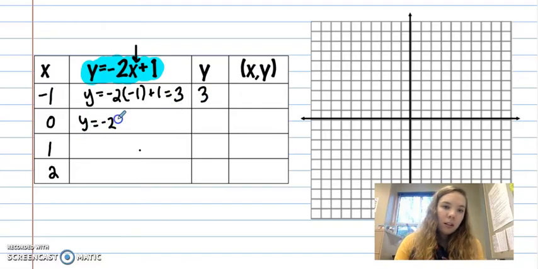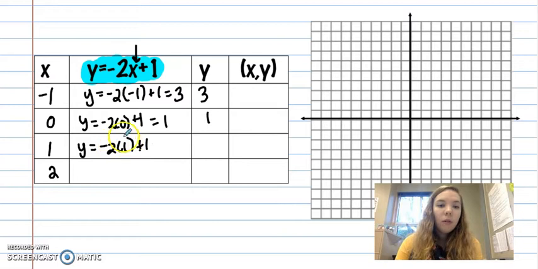Now I'm going to plug in a 0. This would be -2 times 0 is 0 plus 1 is 1. Now I'm going to plug in a 1. Negative 2 times 1 is negative 2. Negative 2 plus 1 is negative 1.